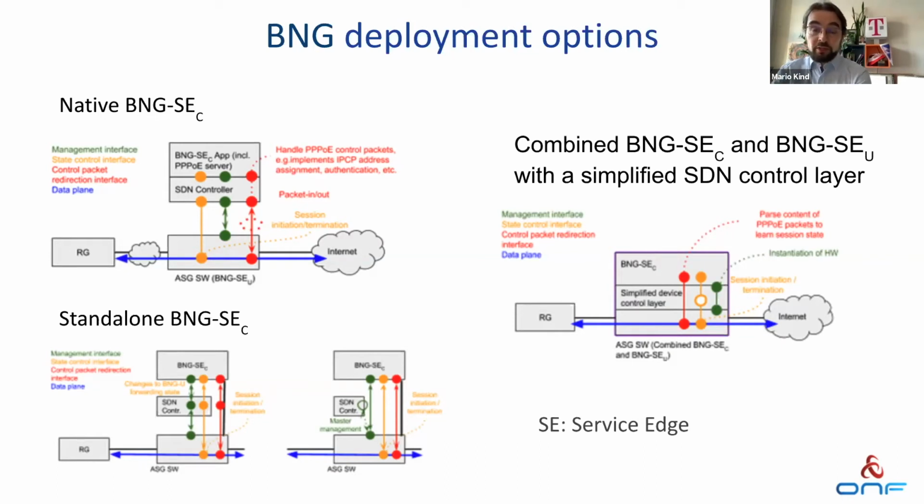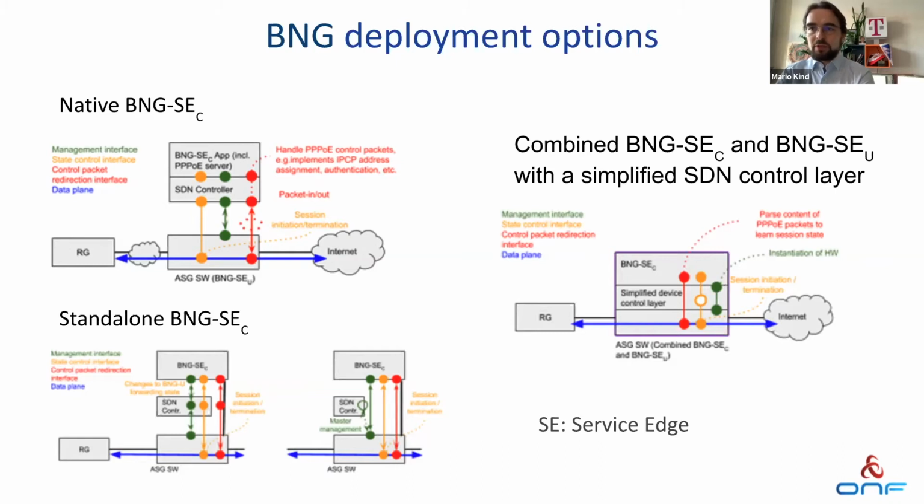Still, this would mean, similar to the native option, that you have to agree on a set of interfaces, and this is still one of the challenging things. On the top right part, we have the other alternative where we essentially collapse everything into the user plane device itself and run the control plane inside the device.